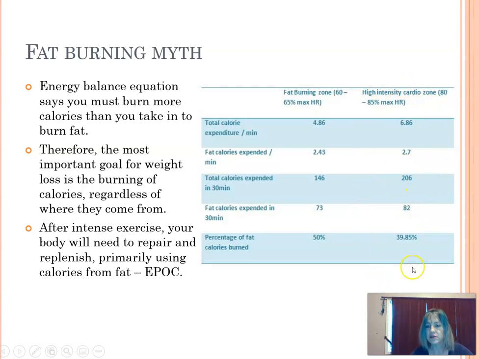So this is clearly what we want to do. We do not want to purposely work out at a lower intensity in the hopes of burning more fat and losing weight. We want to encourage our clients to work out at the higher intensity range, right? Not deliberately hold themselves back and work out at low intensity. Now, low intensity workouts can be great, right? They're great for recovery. They're great if we're injured.